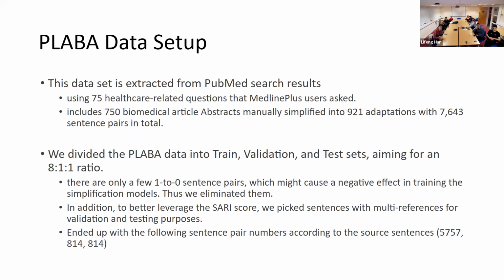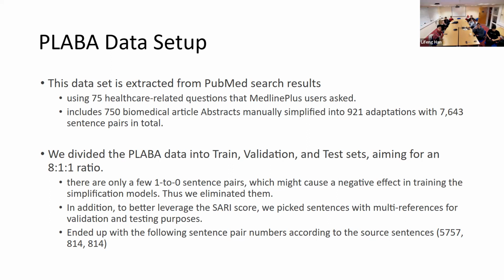Okay, so for the data setup, originally we have 75 healthcare questions, and for each of the questions we have 10 PubMed abstracts to answer these questions, and then they split these abstracts into sentences and manually annotated them with professional annotators. At the end, we have 7,600 sentence pairs in total.